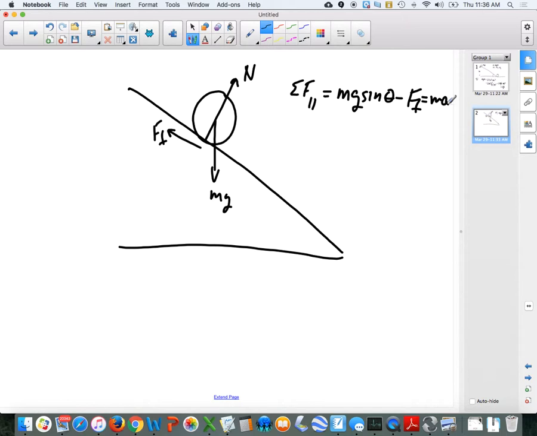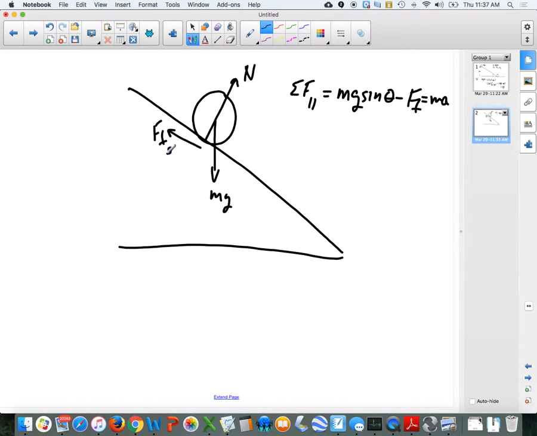I also need to determine what the friction is. Is this kinetic or static friction? Static friction, right?